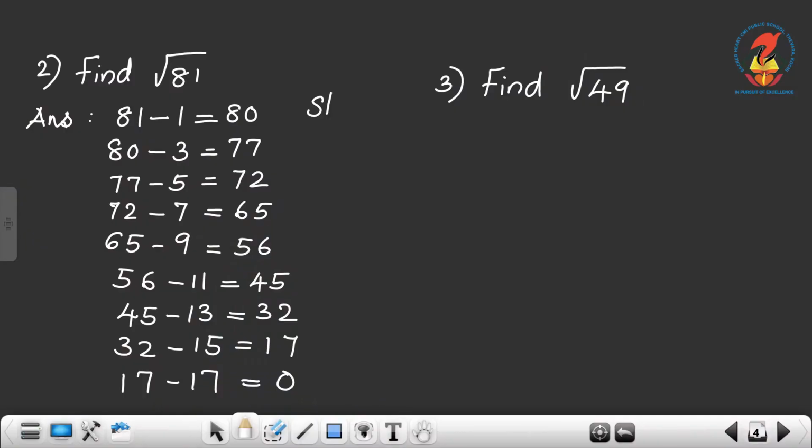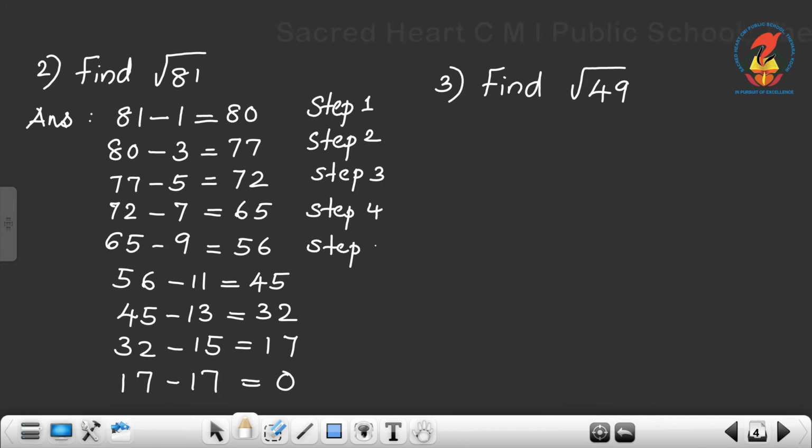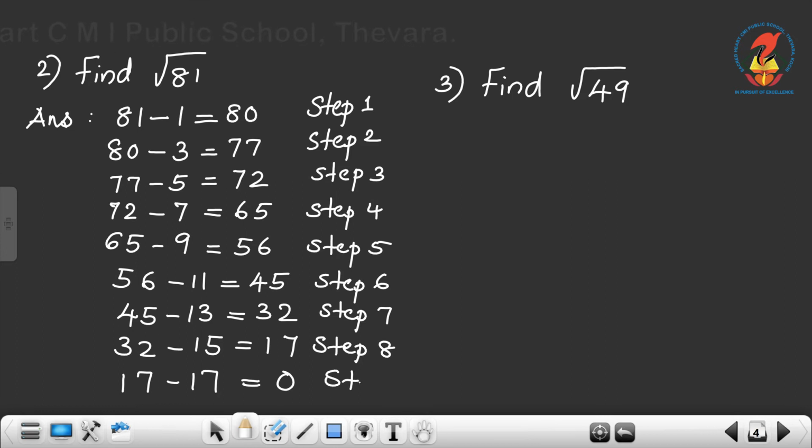Now here we take step 1, step 2, step 3, step 4, step 5, step 6, step 7, step 8 and step 9.